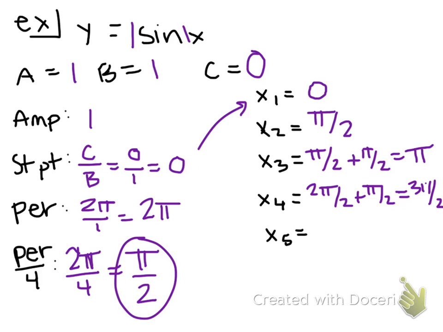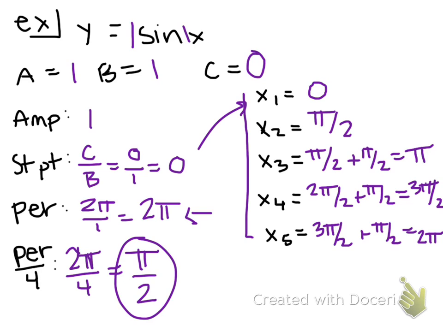And again, you're welcome to do these calculations in your head. You don't have to write it all out. x5 would be 3 pi over 2 plus pi over 2, which would be 4 pi over 2, which is 2 pi. So the distance from x1 to x5 will always be the period.